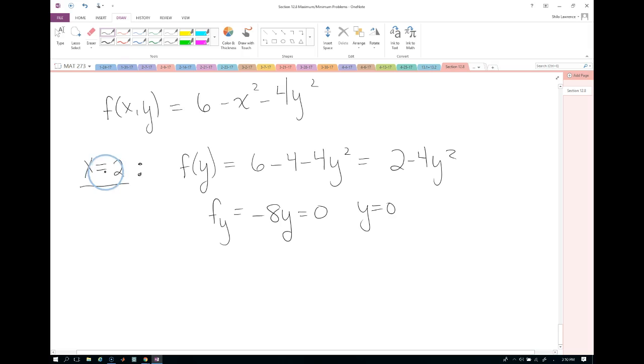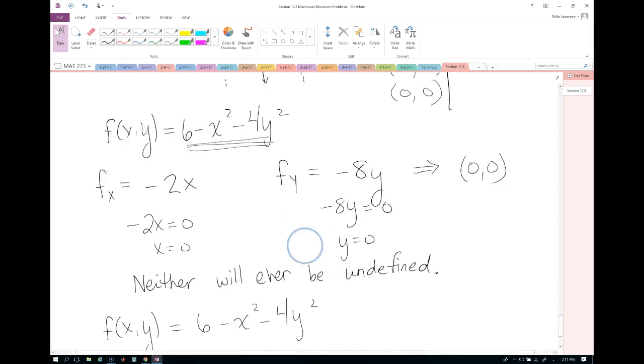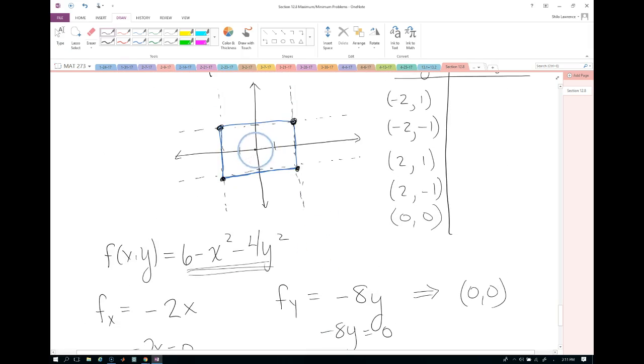So we started with an x value of 2 and found that we'll have a critical point if y equals 0. So that leads to an additional point we're going to add to our list, (2, 0). But you need to make sure that that point is actually in the region. So (2, 0) is here, and yep, it is on the boundary of our region. So we're going to add it to the list.